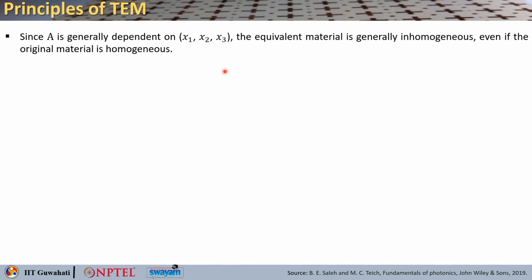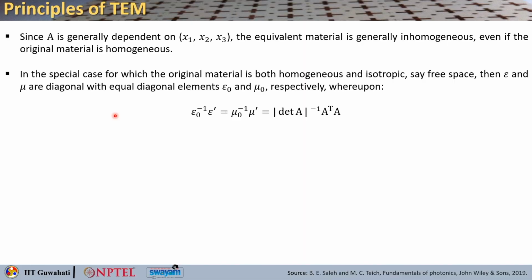Since A is generally dependent on x1, x2 and x3, the equivalent material is generally inhomogeneous, even if the original material is homogeneous. In a special case, if you consider the original material to be both homogeneous and isotropic, say free space, then epsilon and mu are diagonal with equal diagonal elements of epsilon naught and mu naught.